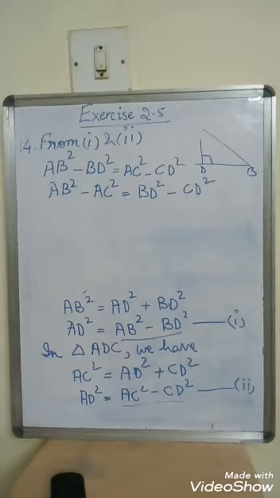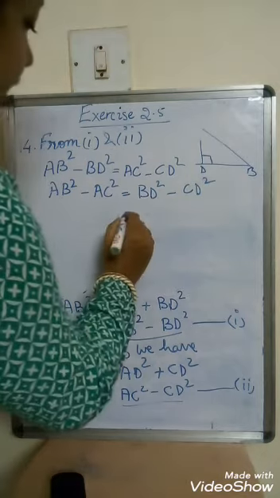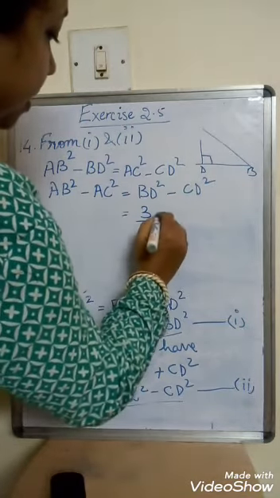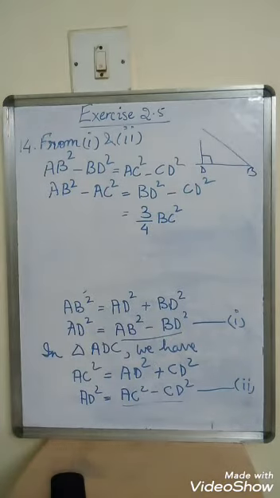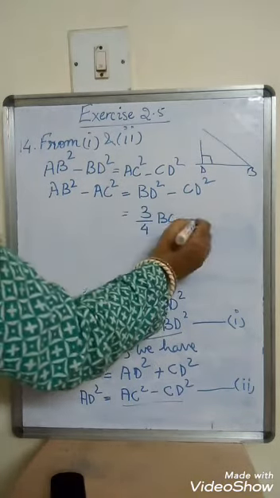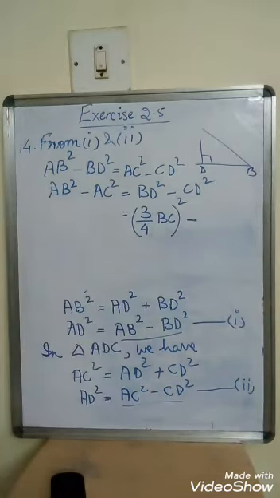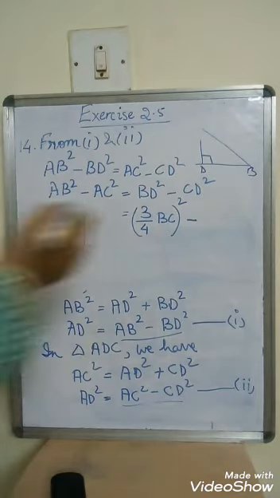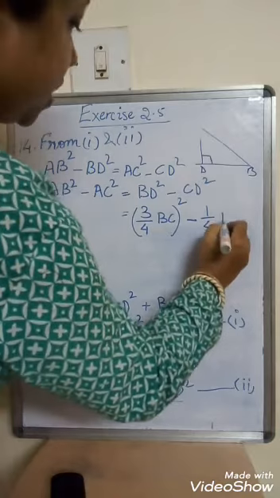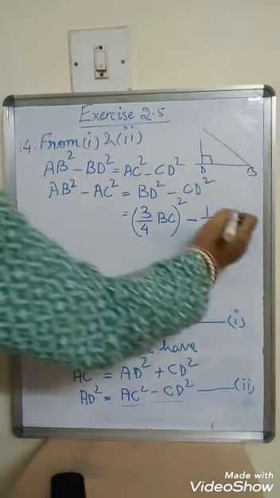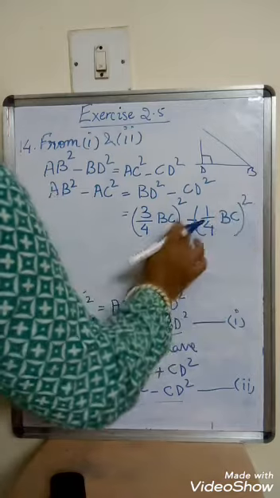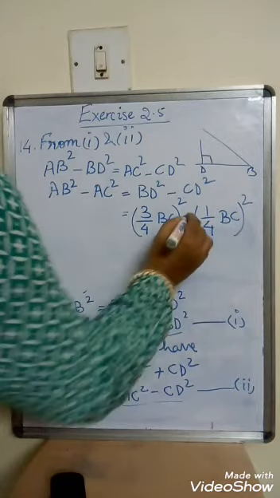Right? So now we have to put the values because we have the values for both of them. What was the value for BD square? The value for BD square was 3 by 4 BC, squared. And the value for CD we have got is 1 by 4 BC, squared, right?